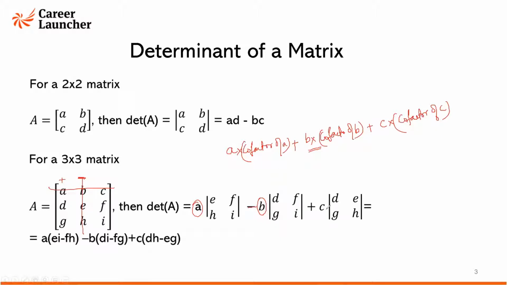Similarly for C into the minor of C. So the formula for your determinant is: any row or any column you take, each element multiplied by its cofactor.